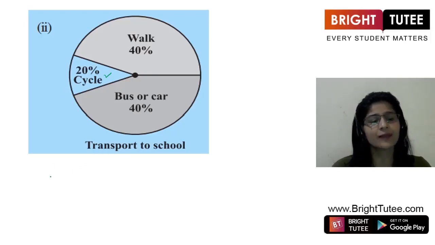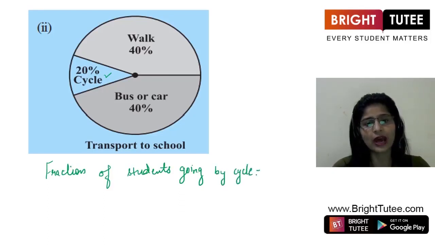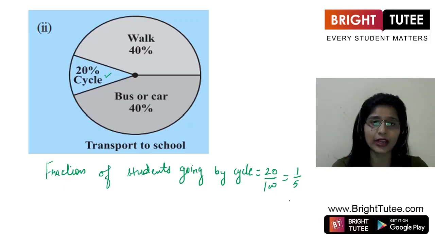If I ask fraction of students going by cycle, right? So who are doing the cycling and going to school? 20%. 20 upon 100. So we get 1 upon 5. So there are 1/5 of students of your class who go by cycling.